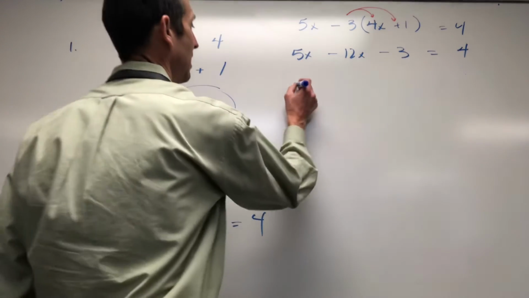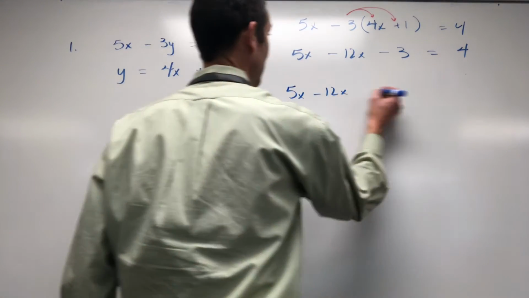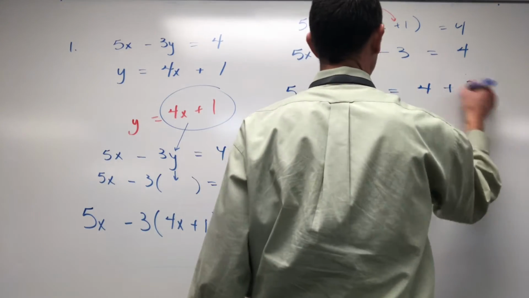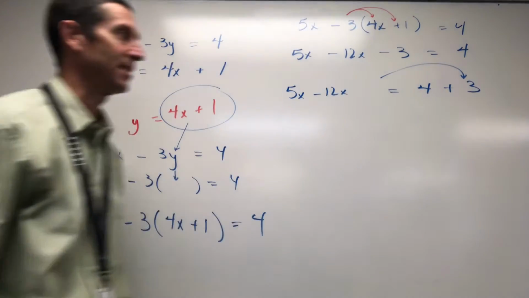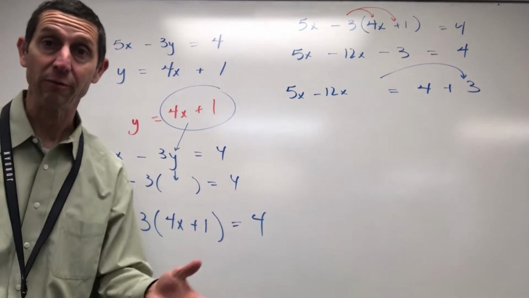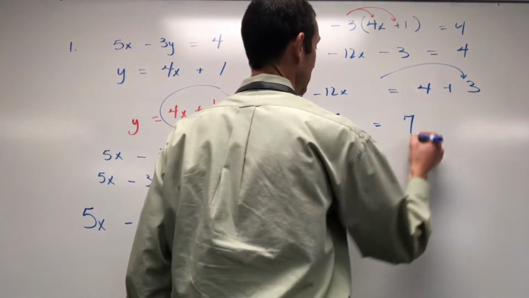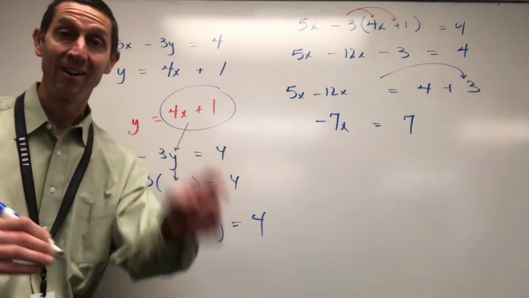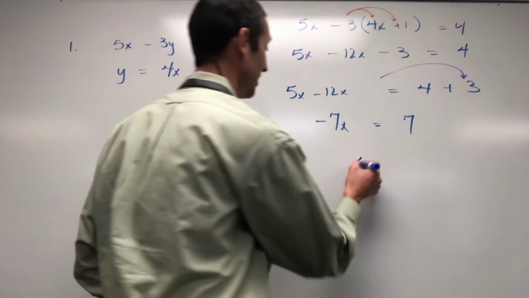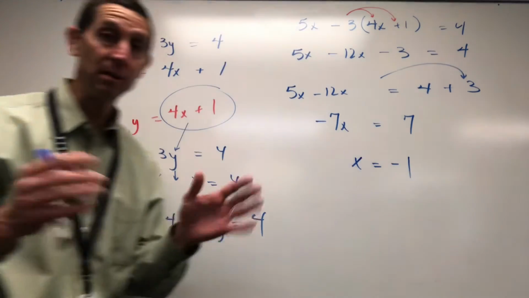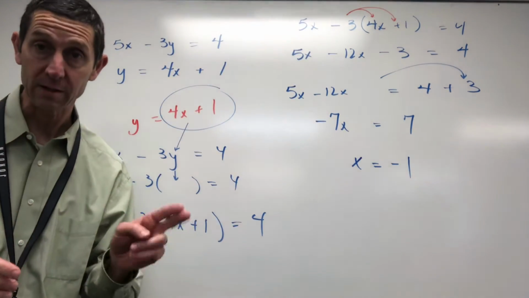Okay, let's keep my x's right there. Add the 3 to the other side. Now it looks pretty good to solve for x, like terms. -7x equals 7. Oh, x equals -1. Okay, we did good. There's an x and there's a y to solve for.